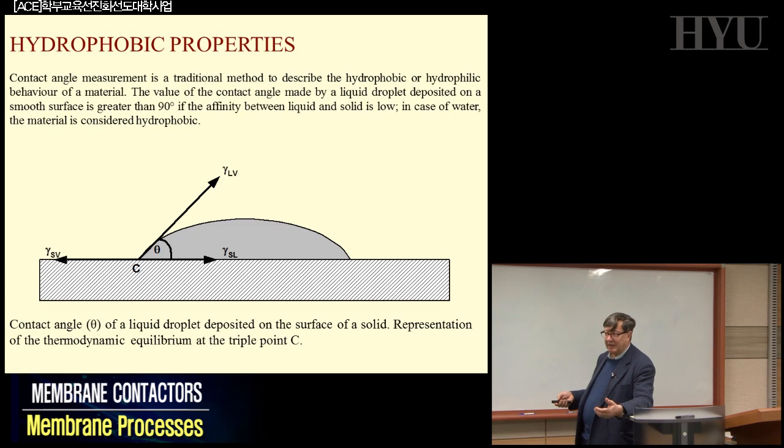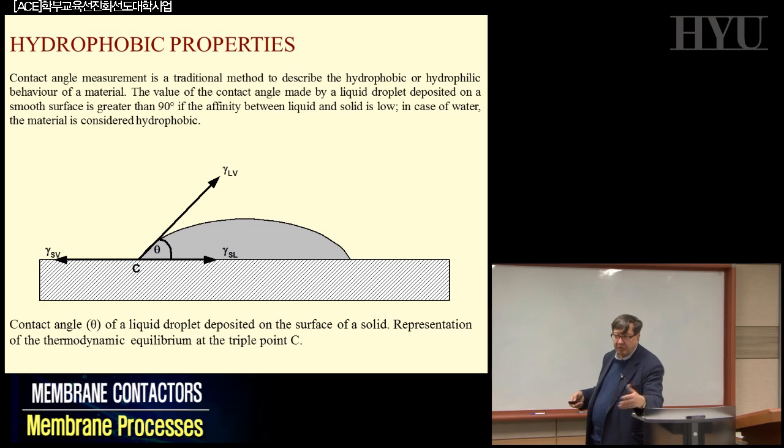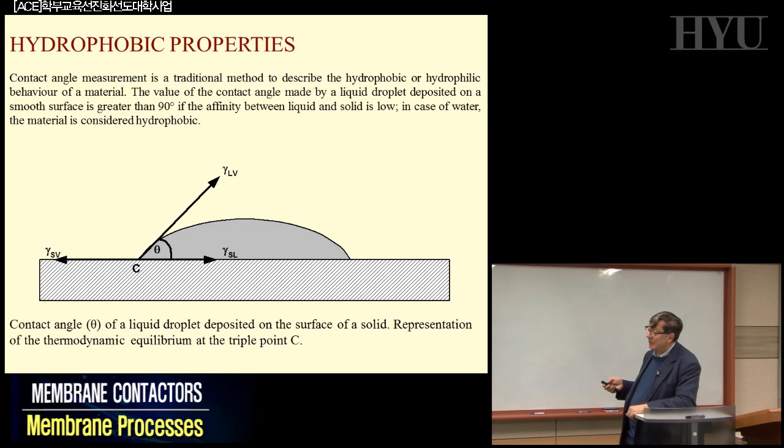You define a material as hydrophilic when the contact angle is lower than 90, 80, 70, 20, and you define it as hydrophobic when it is more than 90, 95, best 100, 120. Super hydrophobic is sometimes 150, 180. Be careful that hydrophobic character sometimes is not a permanent status.